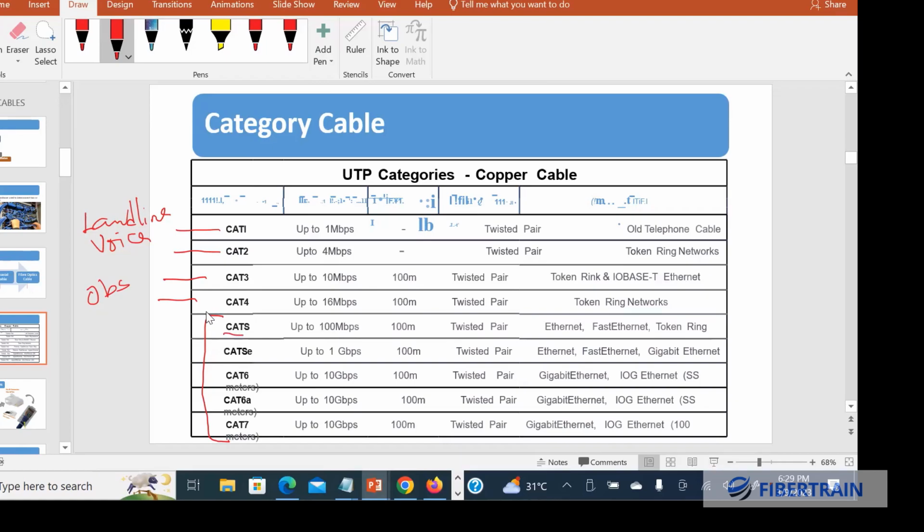For category 5, abbreviated as Cat 5, the speed of the cable is 100 megabits per second, right?